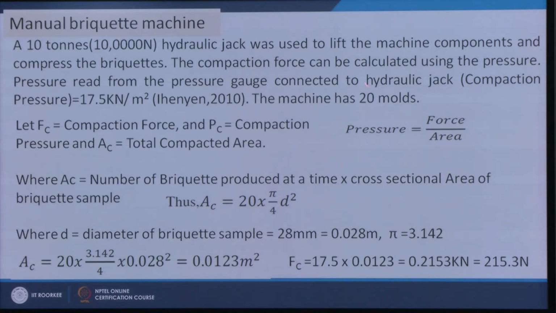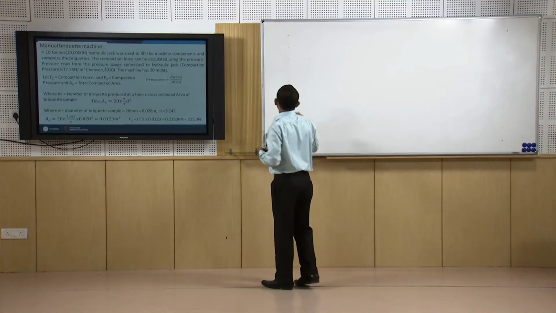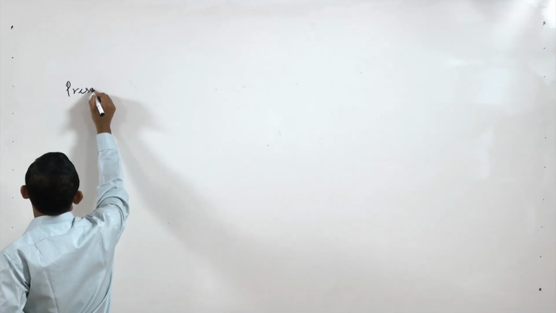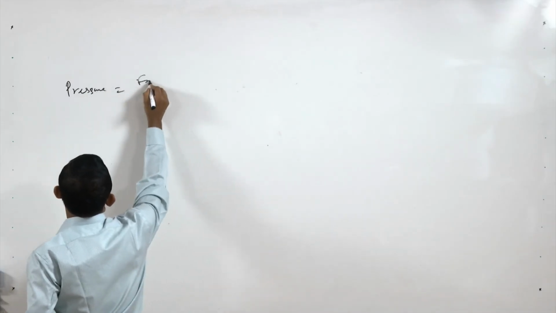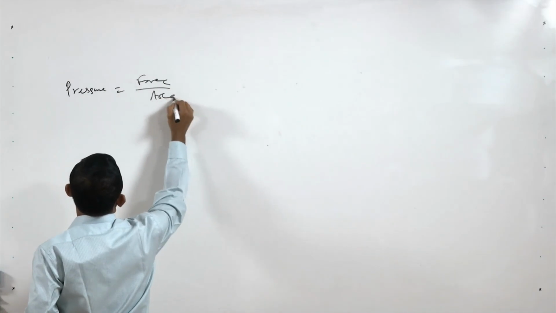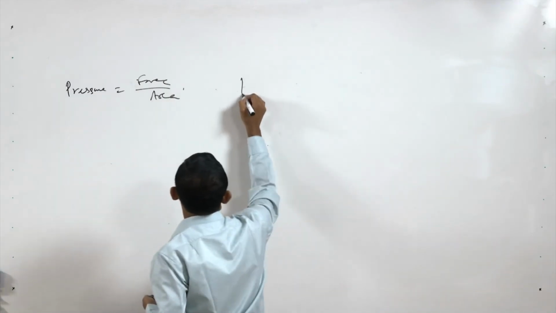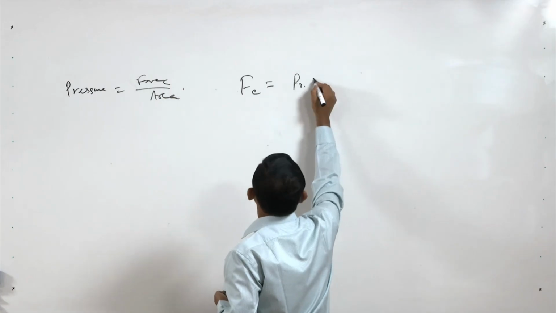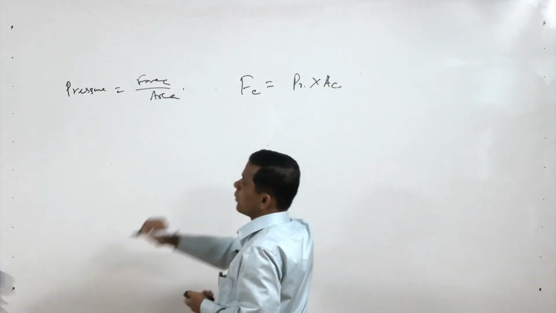So how much pressure force is exerted on this machine has to be calculated. We know pressure is equal to force by area, so compaction force Fc is equal to pressure into area for compaction.